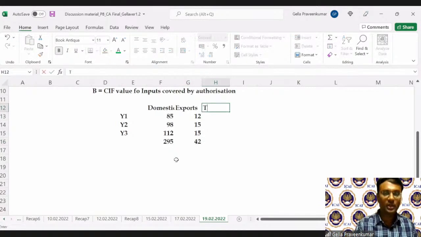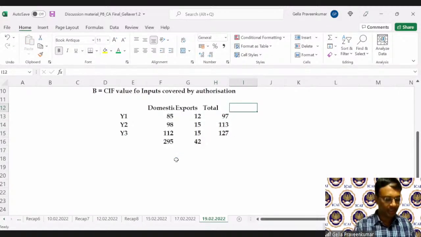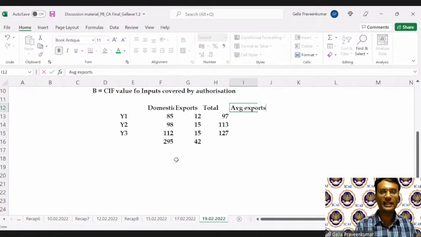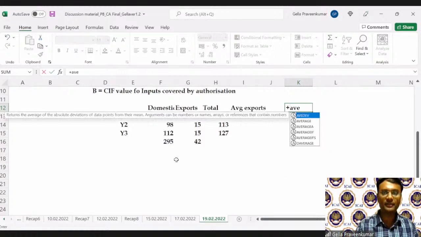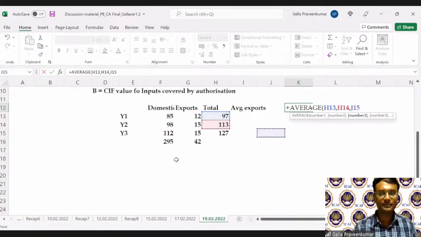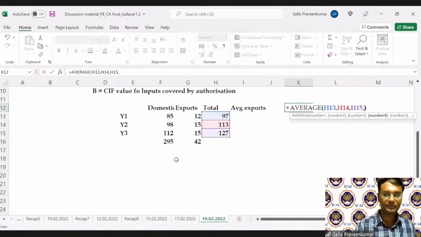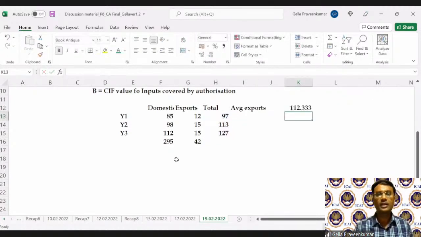Now, my total revenue, year wise, if I see, Namita. What is your average exports in the last 3 years? So I'll say average of these, 112 lakhs is my average, Namita, right?